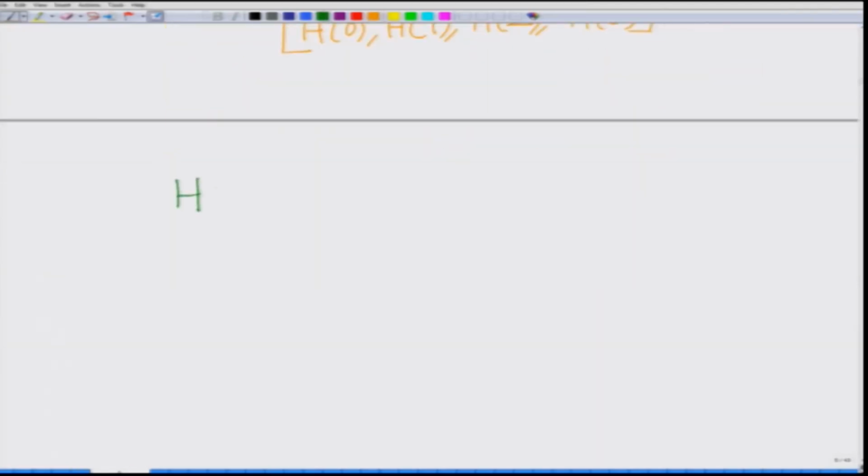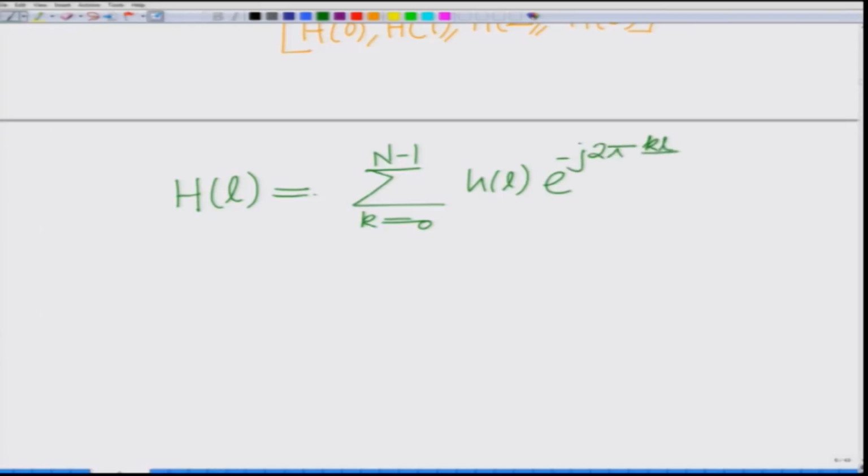Therefore, if I write the expression for H[l], I can write H[l] equals the summation from k equal to 0 to n minus 1 of the time domain channel taps h[k] times e power minus j 2 pi k l divided by n.